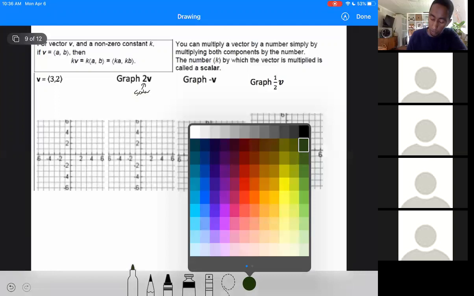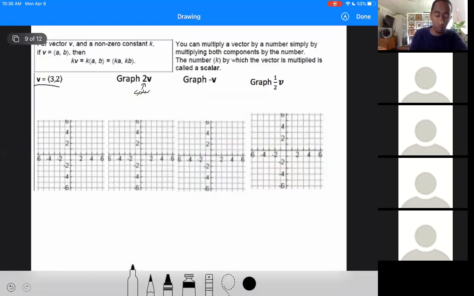So let's try this. So let's say we graph vector v 3, 2. I really should have made these graphs bigger. 3, 2. That's vector v. And we multiplied vector v by a scalar of 2. So 2 times v. Then it would be 2 times 3, 2, which is vector v.